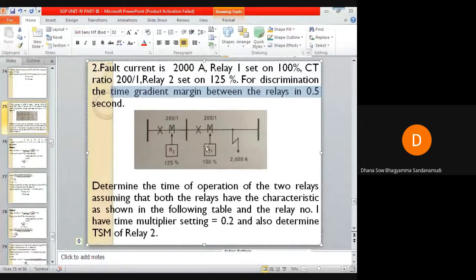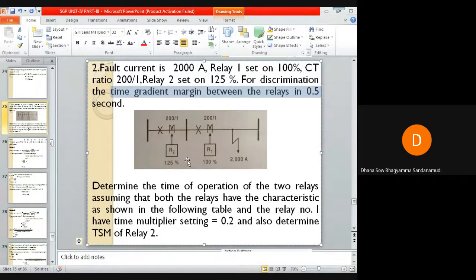If you observe this system, there are two relays, R1 and R2. R1 is nearer to this fault, so initially relay 1 must operate. With some time displacement, relay 2 should operate. The time displacement given for relay 2 to operate is 0.5 seconds.